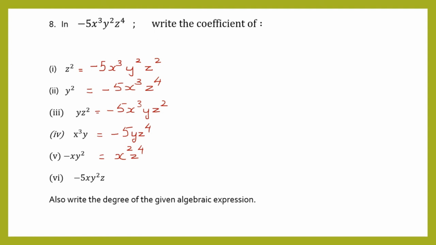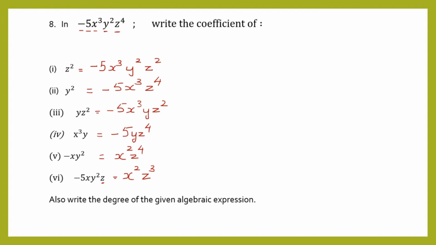So minus 5x, so I'm going to remove minus, I'm going to remove 5, I'm going to remove 1x and I'm going to remove the whole of y because it says y square here and 1z. So I'm removing 1x, so I have 2 left. So x to the power of 2, the whole of y is going, and here there is 1z and there are 4, so that becomes 4 minus 1, which is 3.